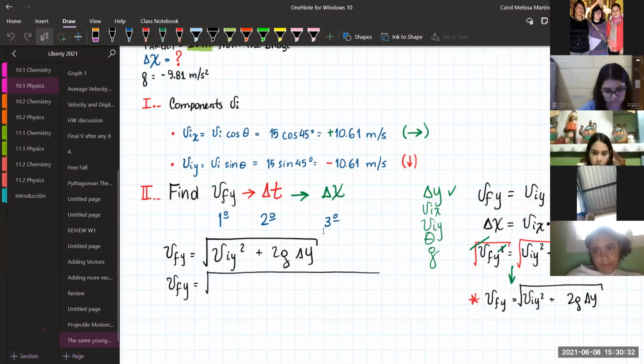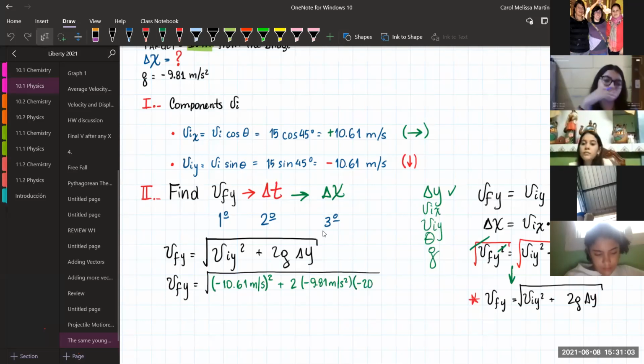It says initial velocity in y, negative 10.61 meters per second, raised to the second power, plus 2 times gravity, that is negative 9.81 meters per second squared, times delta y, which is negative 20 meters.